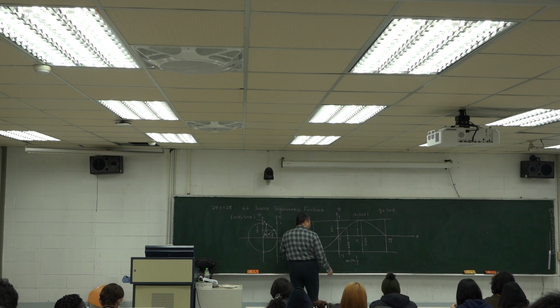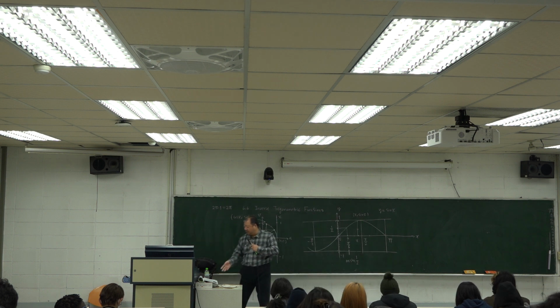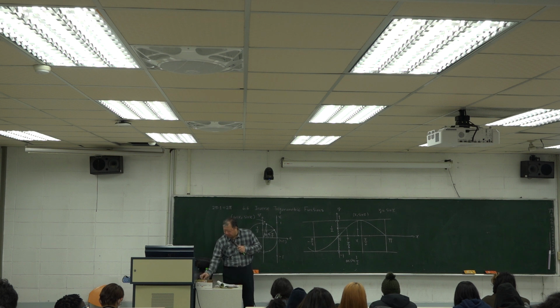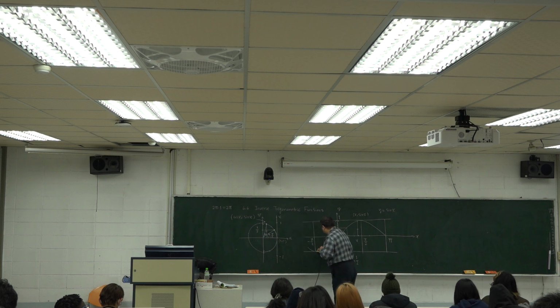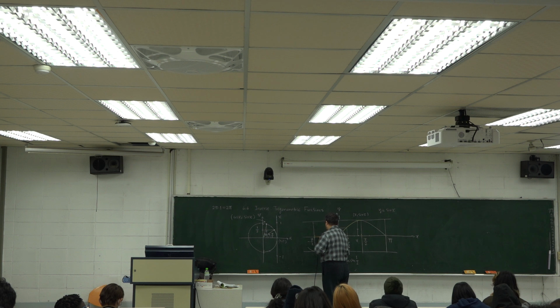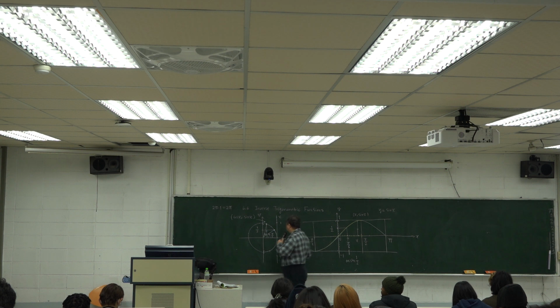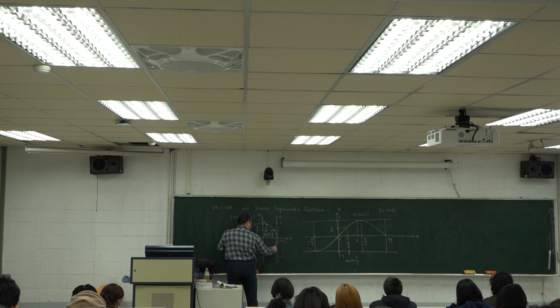Because this function is not one-to-one, we restrict its domain to a small interval, choosing this part, corresponding to this portion of the circumference.